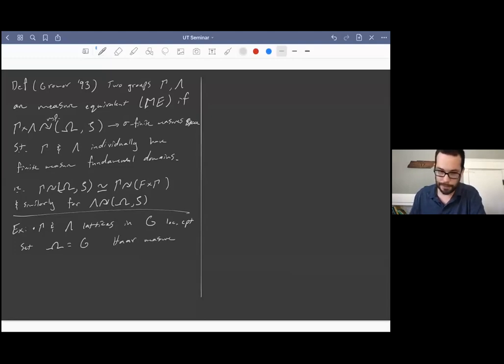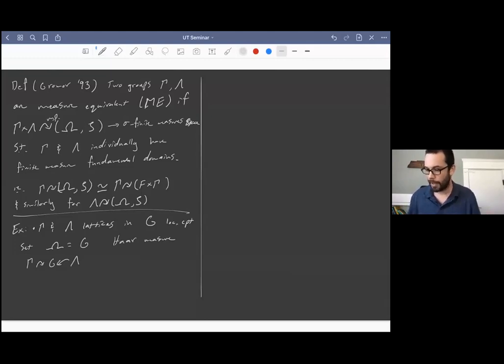Since there are lattices in a group, the group will be unimodular, so that if we look at the action of gamma on G from the left, and the action of lambda on G from the right, then these will be commuting actions, so we can think of this as an action of the product.